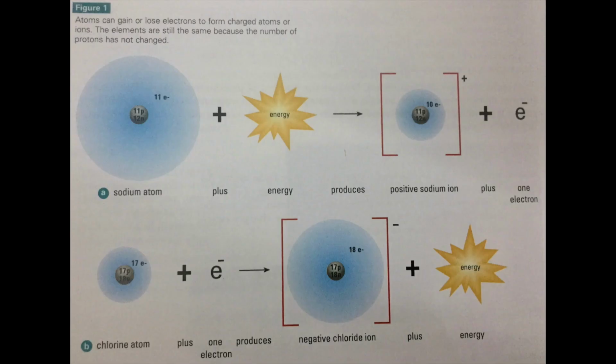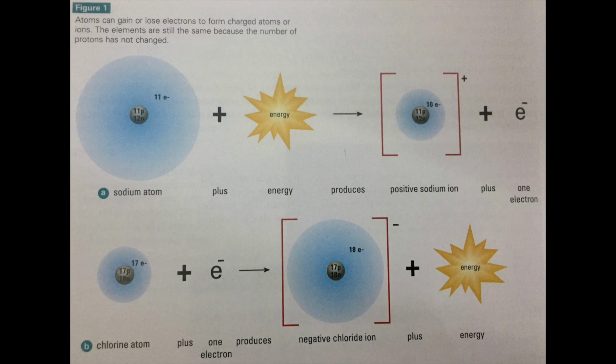Figure 1a. That's going back to Figure 1, which is a nice illustration. It says atoms can gain or lose electrons to form charged atoms or ions. The elements are still the same because the number of protons has not changed.